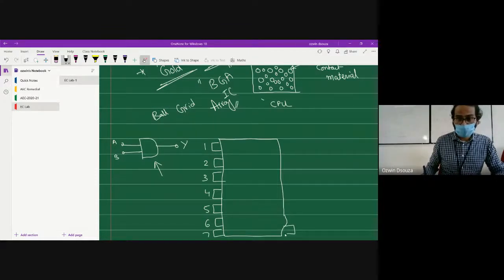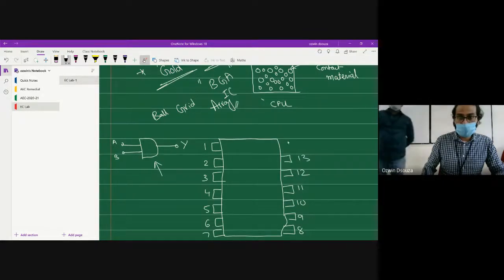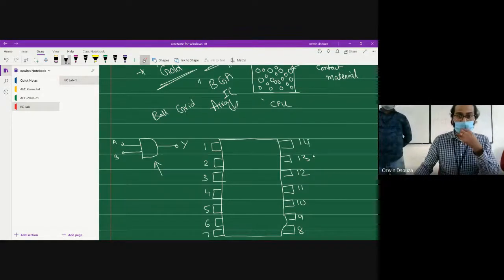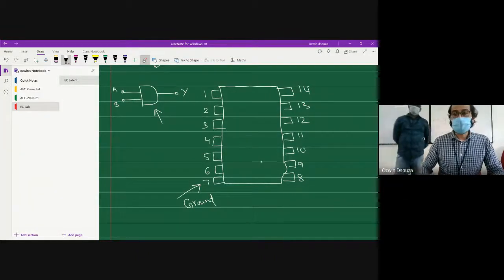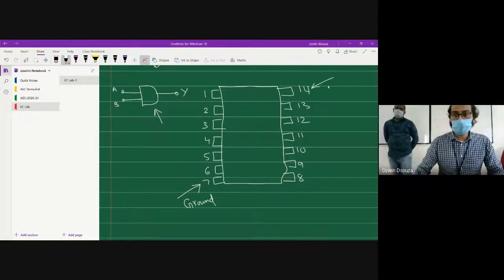I'm talking about a 14-pin IC. 8, 9, 10, 11, 12, 13, and 14. Normally, the 7th pin is ground, and the 14th pin is connected to VCC.